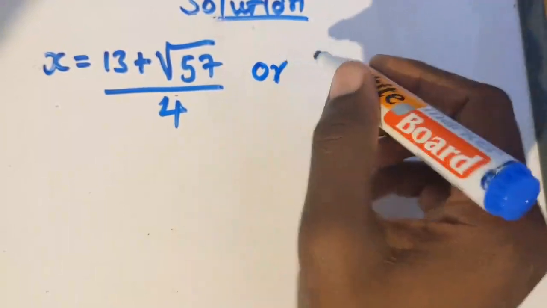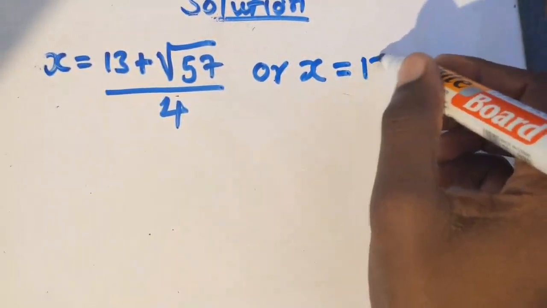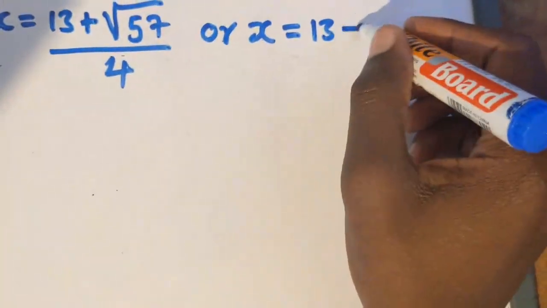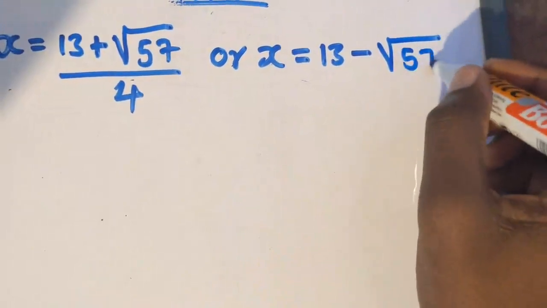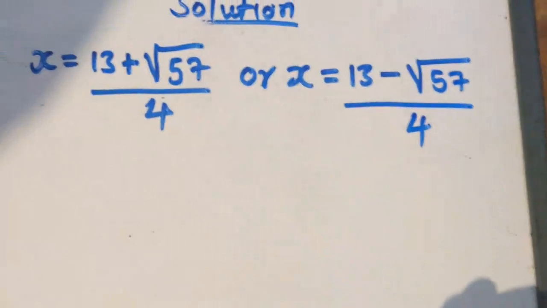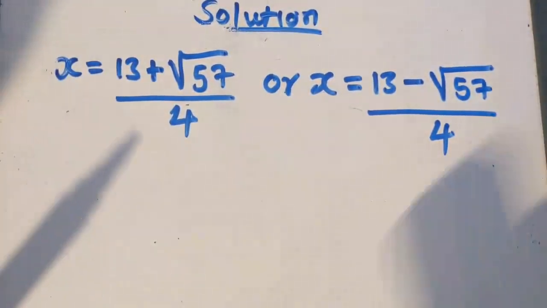Then you say x is equal to 13, then you get the one with the minus, so you just say minus root of 57, divide by 4. As simple as that. So these steps will help you to get the full 5 marks.